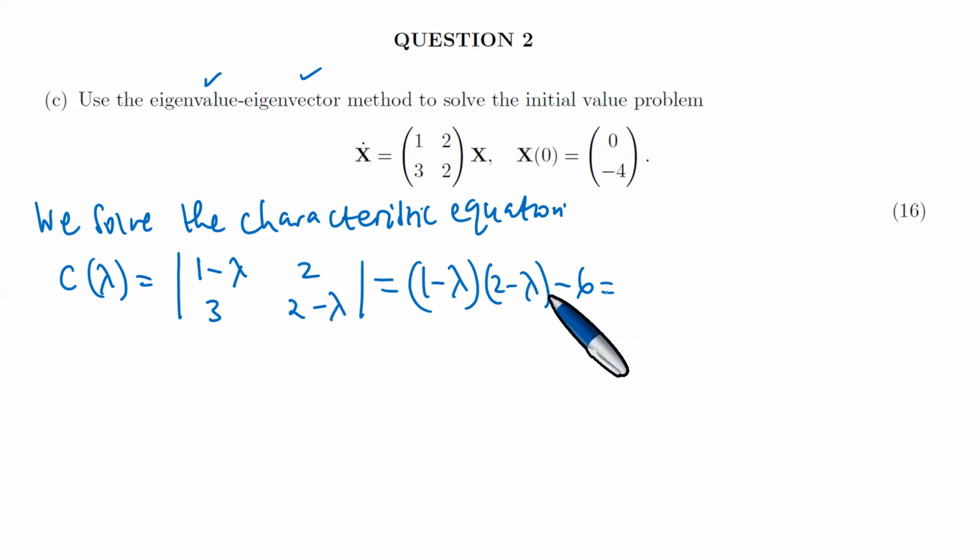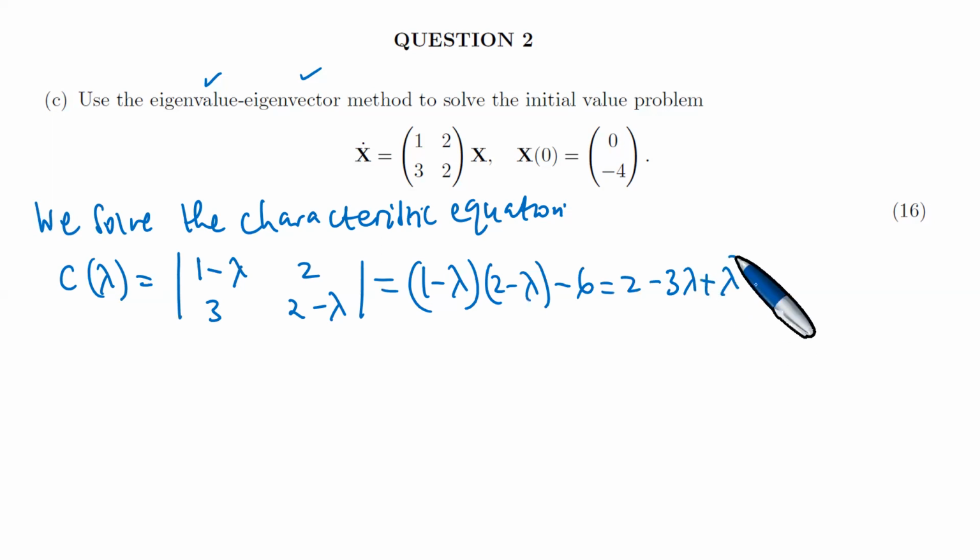You multiply these, which is 2 minus lambda minus 2 lambda, which is 2 minus 3 lambda plus lambda squared.